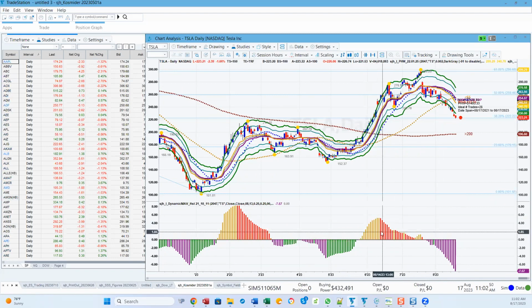The lines on the bottom, golden, red, purple, and green, are measuring the difference between the dynamic moving average lines. So you can see when price starts to turn, and we're looking for downside action. And when it turns green, we're looking for upside action.